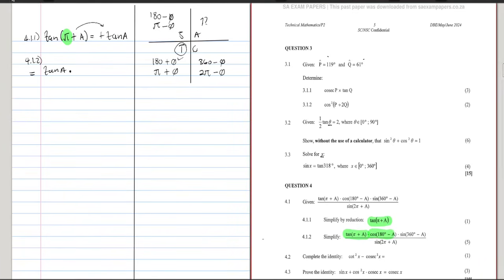In the second quadrant only sine is positive, so cos is going to be negative, so it's negative cos a, multiplied by sine(360 minus a). That's the fourth quadrant, and in the fourth quadrant only cos is positive, so we have that.